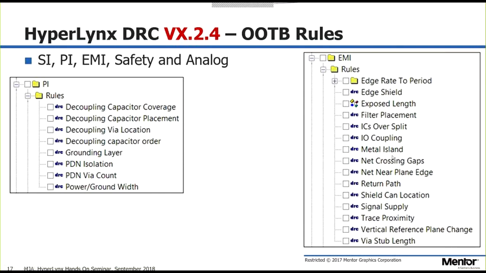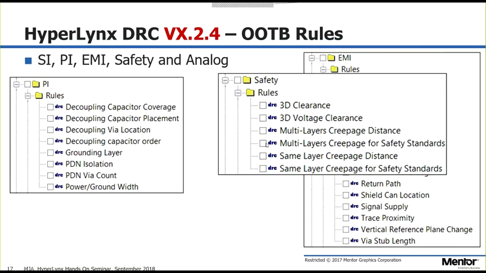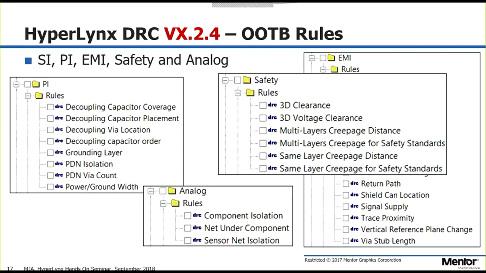EMI, as I mentioned, we've got those, but a lot of different things. Look for metal islands, vertical reference plane changes, lots of things that can cause EMI problems, and to look for those. And then we're expanding this out with our latest release with some safety rules. This is high-voltage creepage issues, and then some additional analog rules coming on.